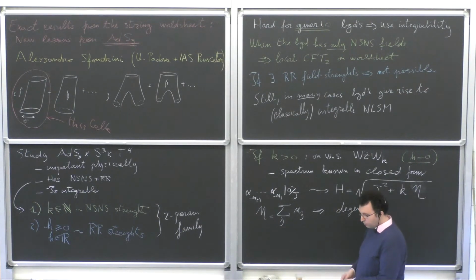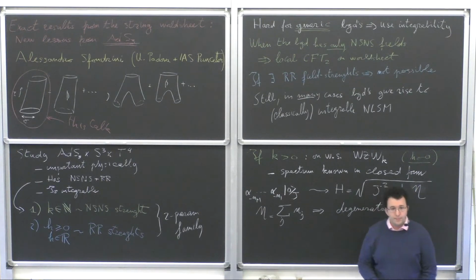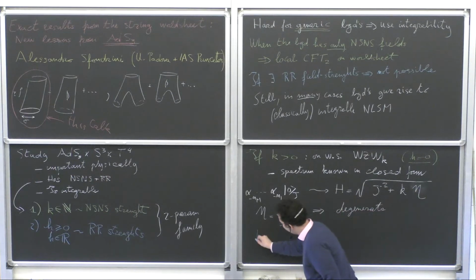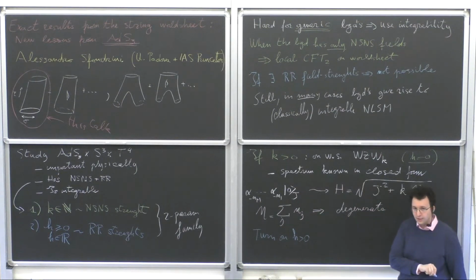If I now introduce, yes? Yeah, it's due to the fact that this is linearly constructed out of the representation theory of this Kac-Moody algebra. That is the reason, technically. But then the question is, what happens if you turn on a little bit of H, say?